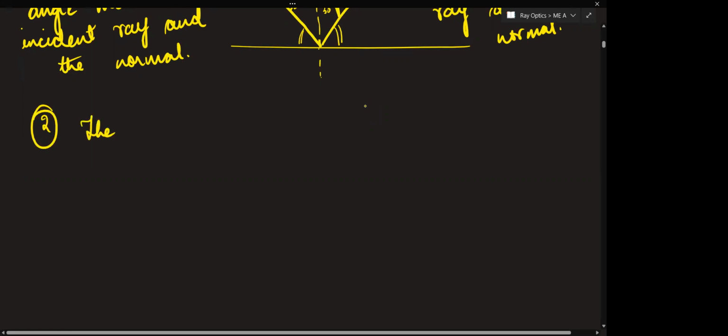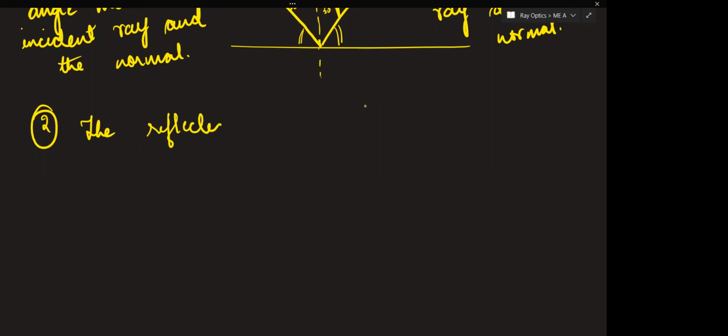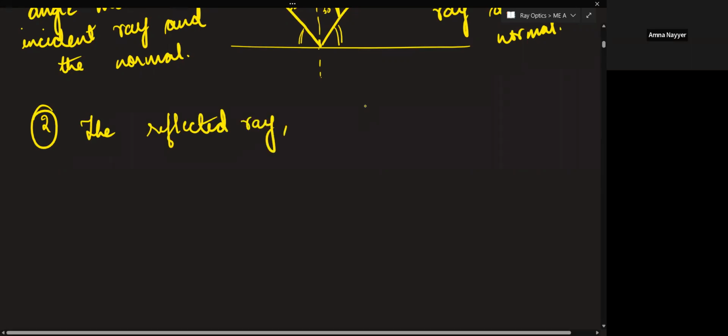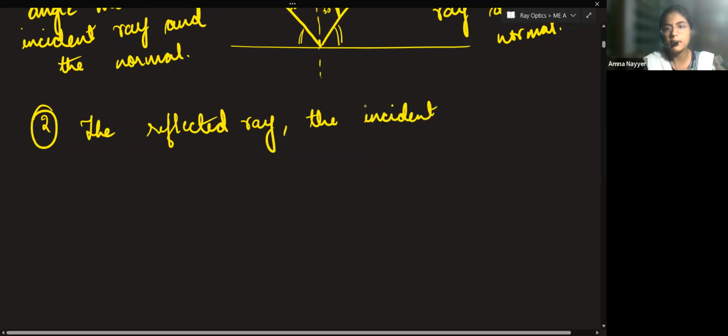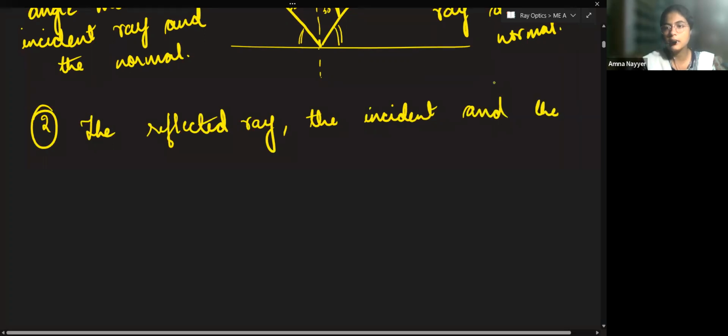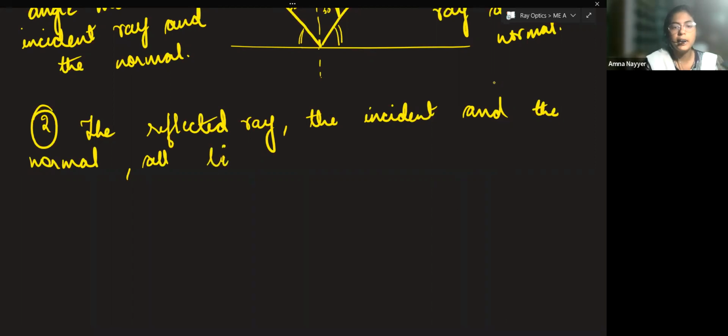The reflected ray, the incident ray, and the normal all lie in the same plane.